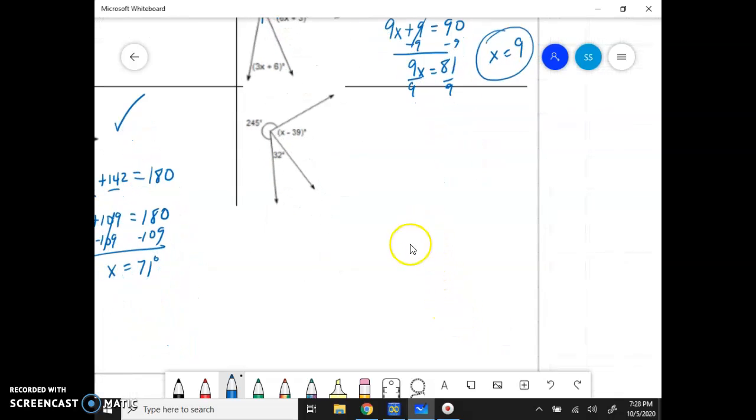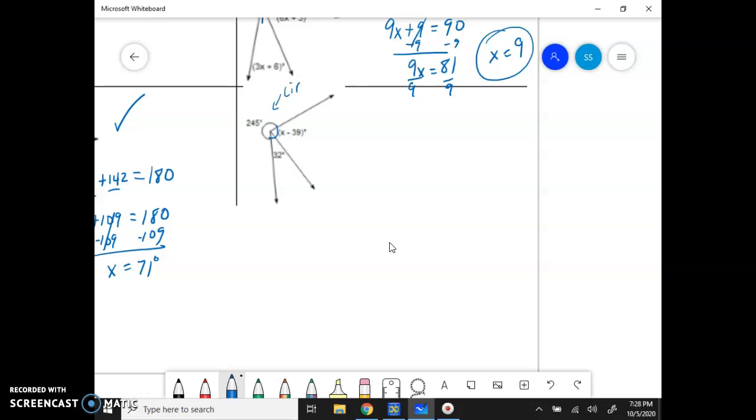Okay, now this one, it looks like we're dealing with a circle here. So it's good to recognize that if I were to close this loop here, that forms a circle, right?